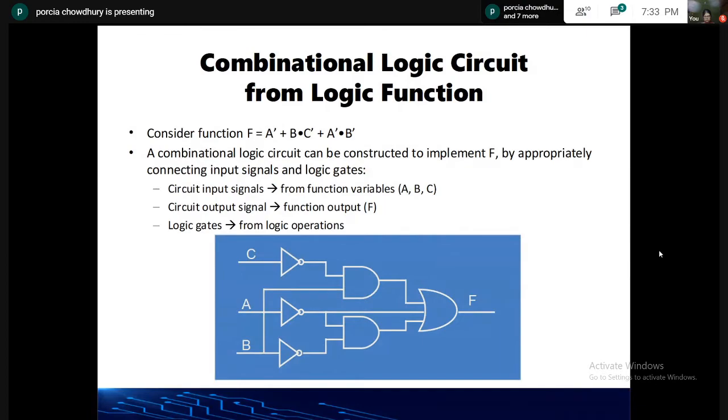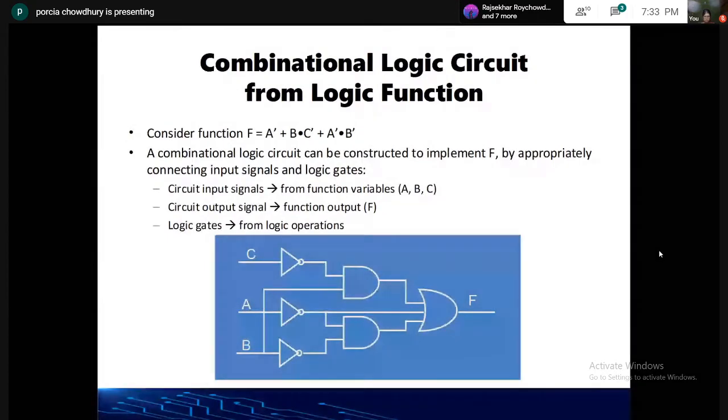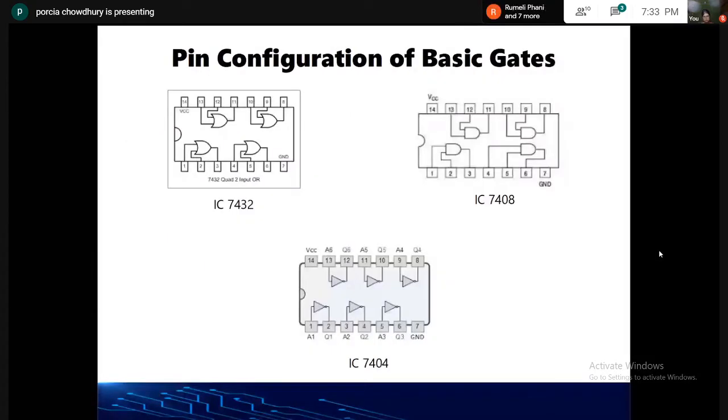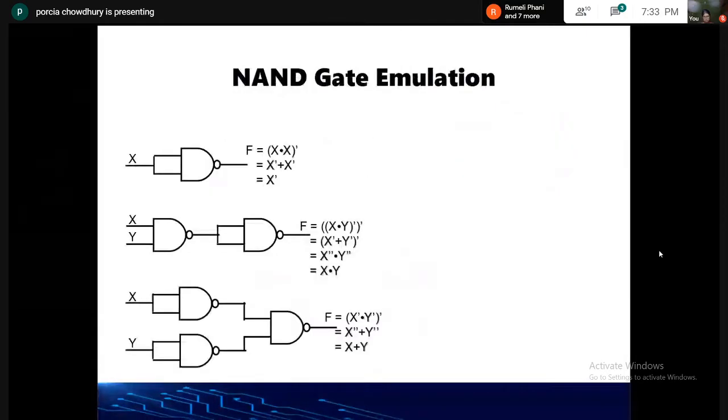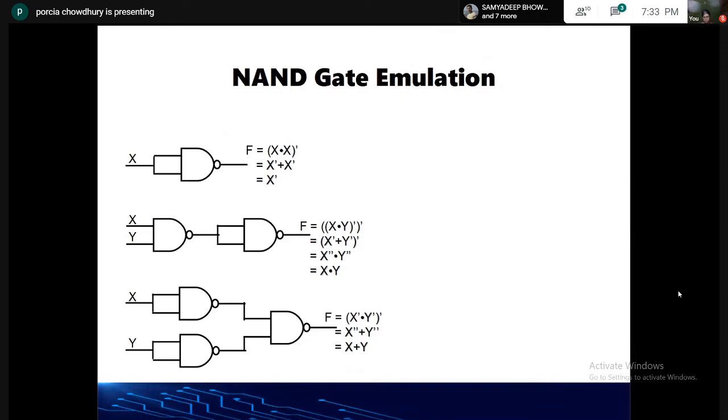But if we use universal gates, only one gate is sufficient, either NAND or NOR. So that's the application: if we are allowed to use only a single gate to implement any Boolean function, then we always need a universal gate.